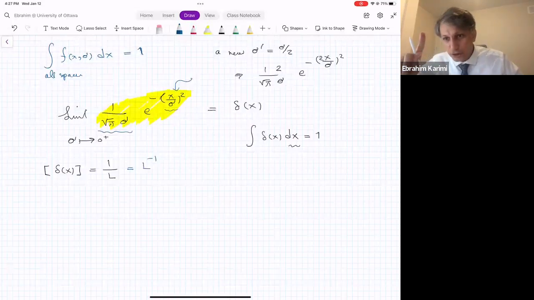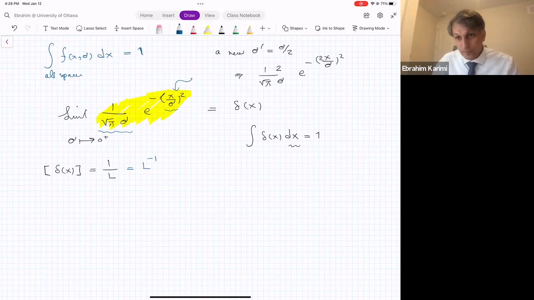That's a one-dimensional delta function. We also have the three-dimensional delta function or the two-dimensional delta function. They will have 1 divided by L squared, 1 divided by L power of 3, which we will be discussing in a few minutes.